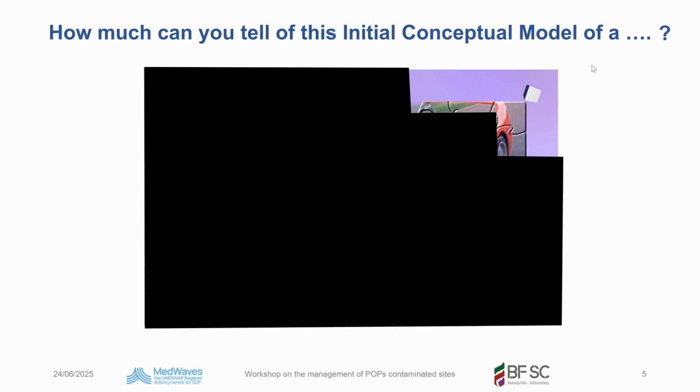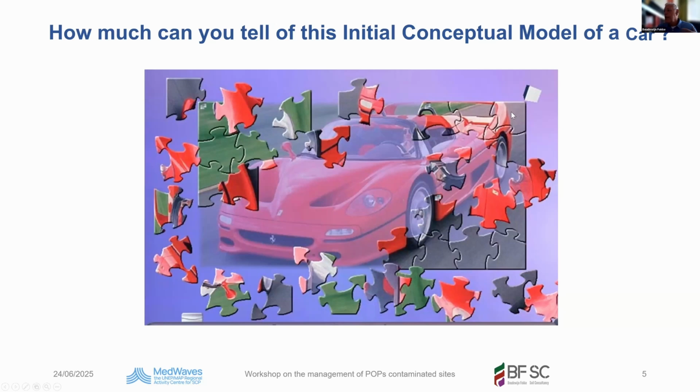Probably a race car. Yes, exactly. Now it's simple, but with this small information, you already can tell a lot. You can even tell something about the characteristics of the driver. So this is a clear example of knowledge you have, and with that knowledge, you can already tell a lot. So that is important for the design of a conceptual site model.